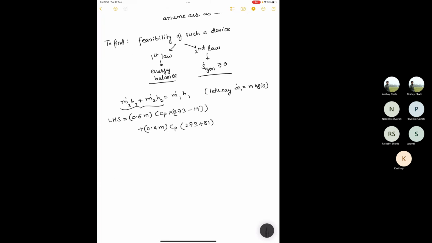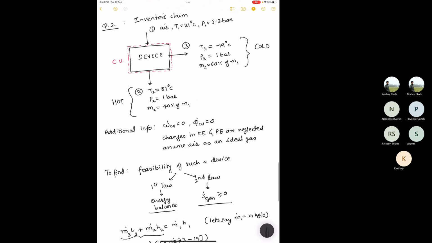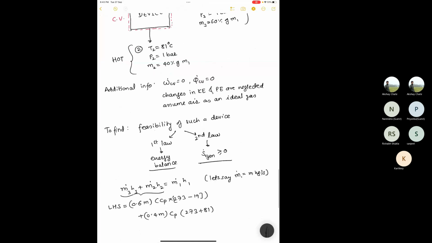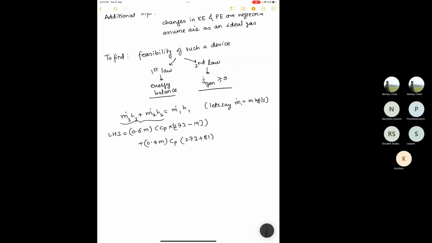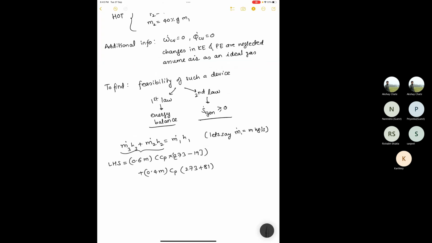One question can be: the pressures are different, right? Pressure is 1 bar here, and initially pressure is 5.2 bar. So can we take Cp? Because we are assuming air as an ideal gas, its Cp is a function of temperature only, so the pressure effect is not coming into the picture here.